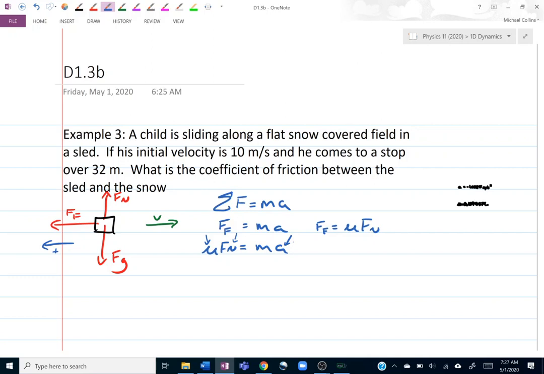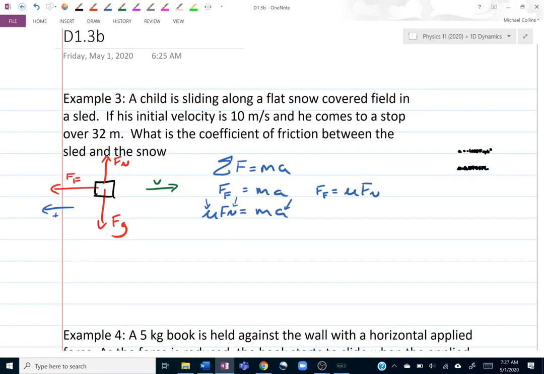We can't just blunder ahead and think about this. It doesn't really matter which one you try and approach first. We have to try and figure out what Fn is. We have to try and figure out what our acceleration is. To find Fn, if we're dealing with a force, if we get stuck in one plane, look at the other plane. So right now I'm stuck in the x-plane.